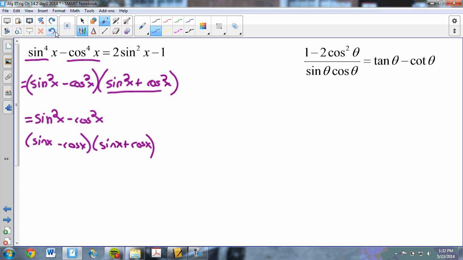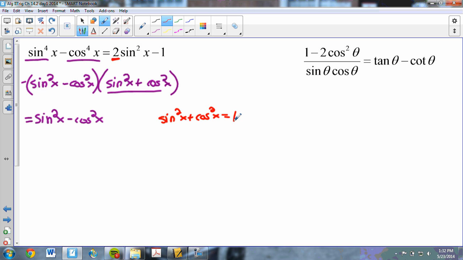What I am going to do, and this is the trick that comes from seeing a 2, I know that sine squared plus cosine squared is 1. So I can take the cosine and get it by itself, and I get cosine squared x equals 1 minus sine squared x.